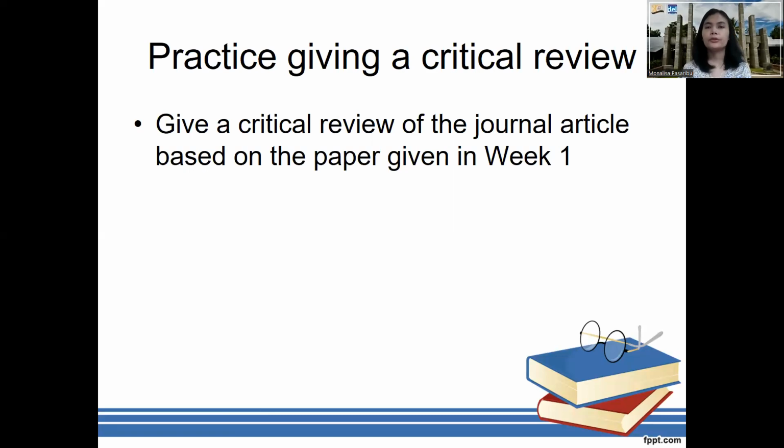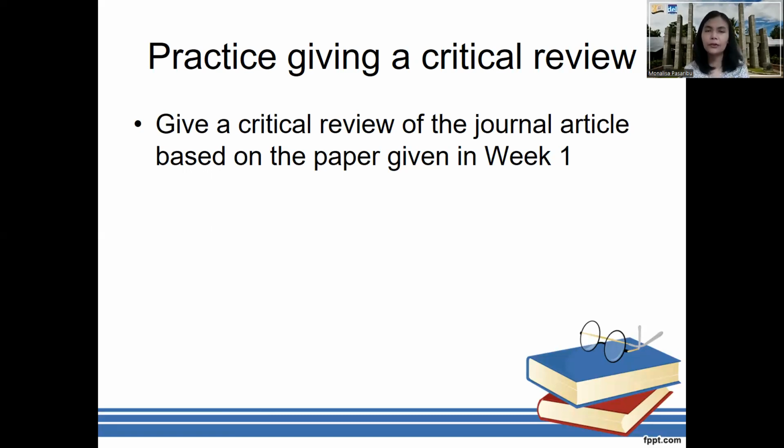So I want you to write down your own critical review of the journal article. This is the time when you can give your comments to the paper. Maybe you can say the paper is good because, or the paper is not good because. But remember, it's not only giving comments, you also need to give the summary.